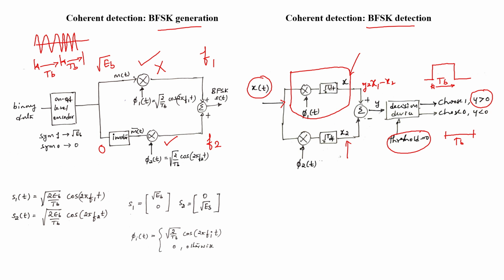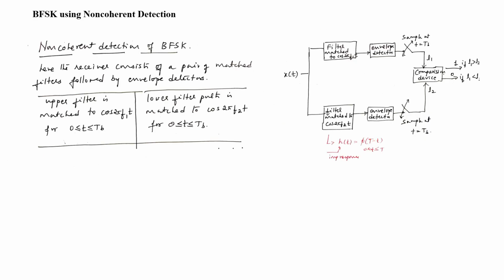That is how the binary 1s and 0s you transmit will be detected and regenerated at the receiver section. Since the carrier transmitted at the transmitter is known at the receiver, this technique is called coherent detection.